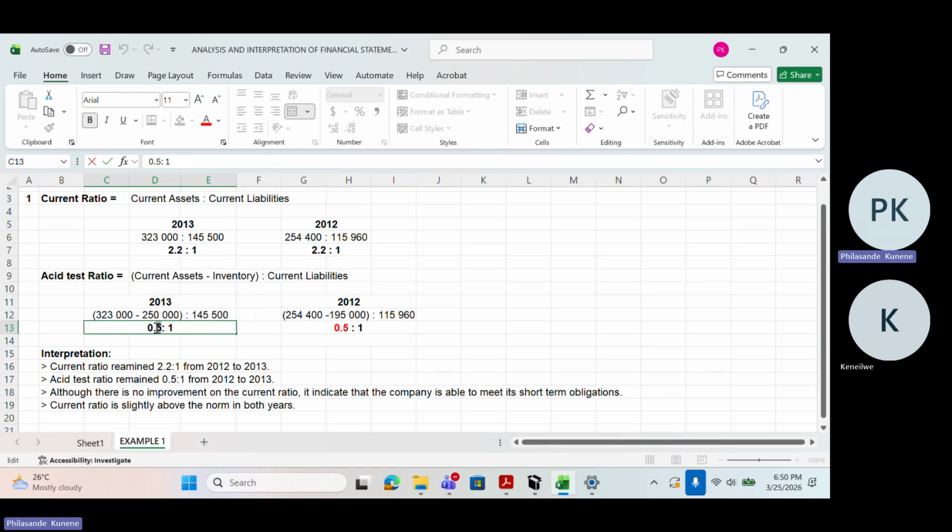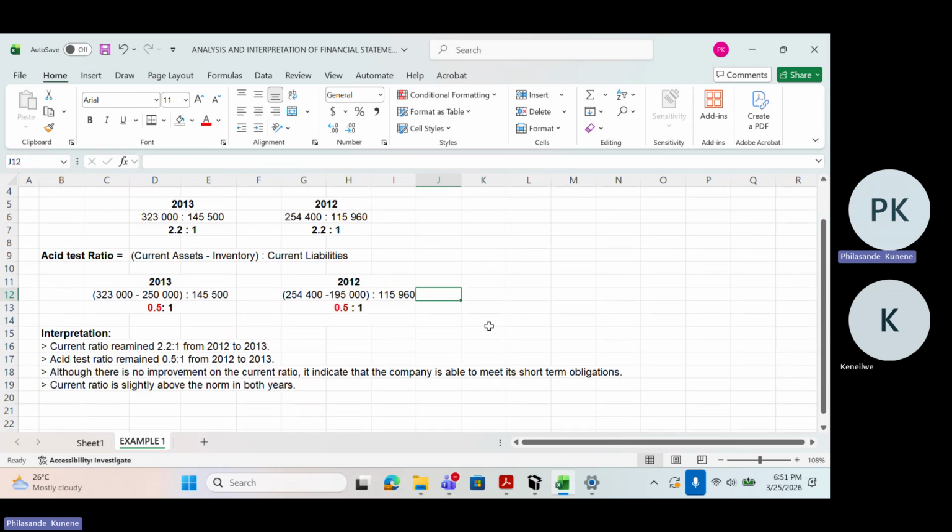You see, I am 50 cents short. I am unable to meet my short-term obligations without relying on inventory.